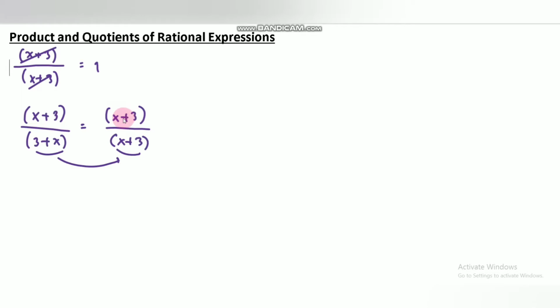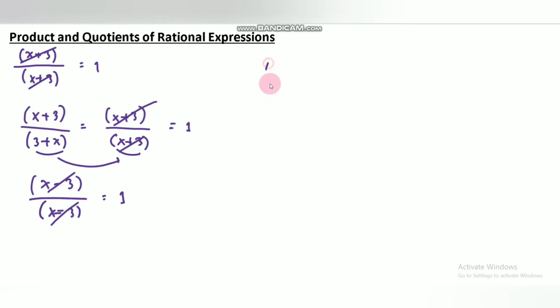That's why you can still cancel it. It is 1. And the next one, if I have x minus 3 over x minus 3, it's exactly the same, therefore it is 1.